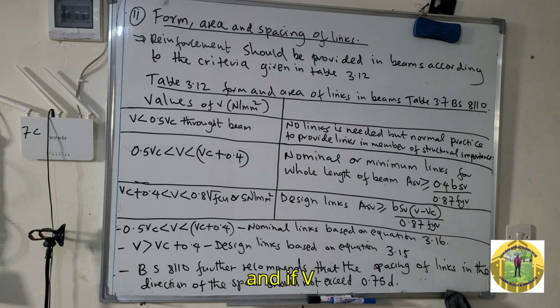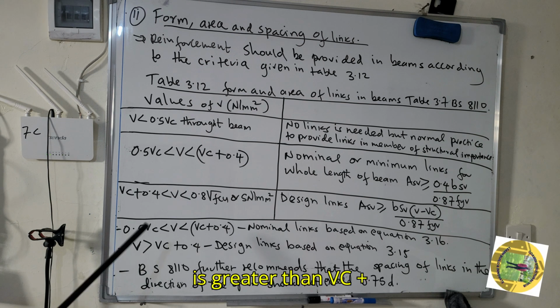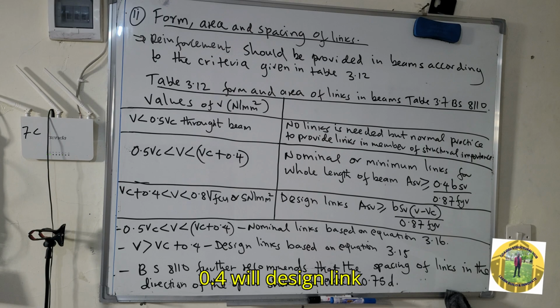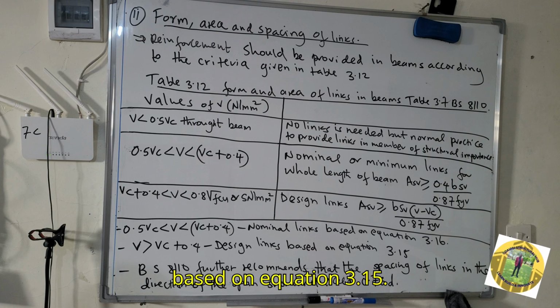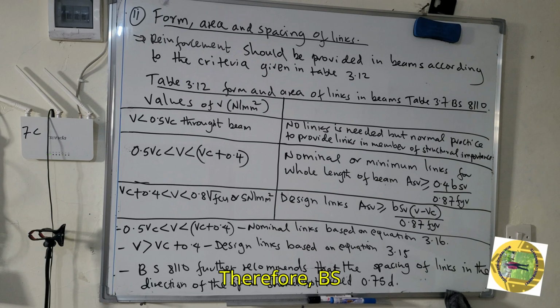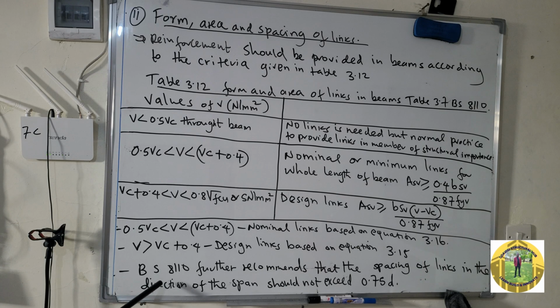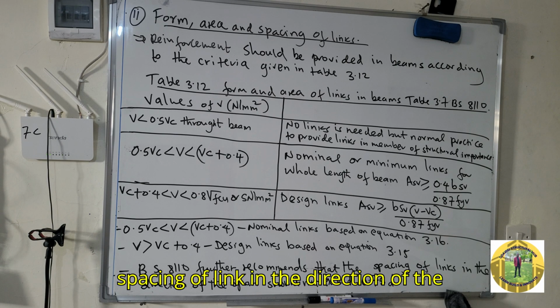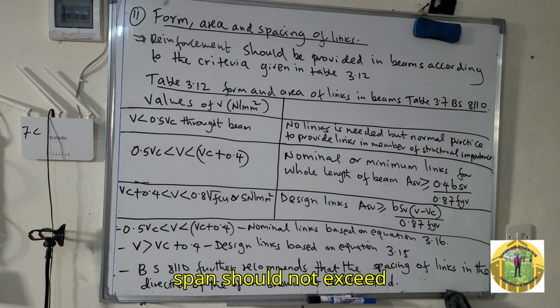And if v is greater than vc plus 0.4, you will design link based on equation 3.15. Therefore, BS 8110 further recommends that the spacing of link in the direction of the span should not exceed 0.75 d.